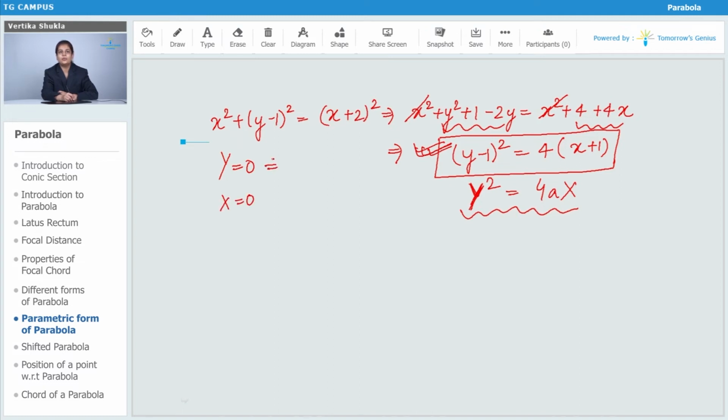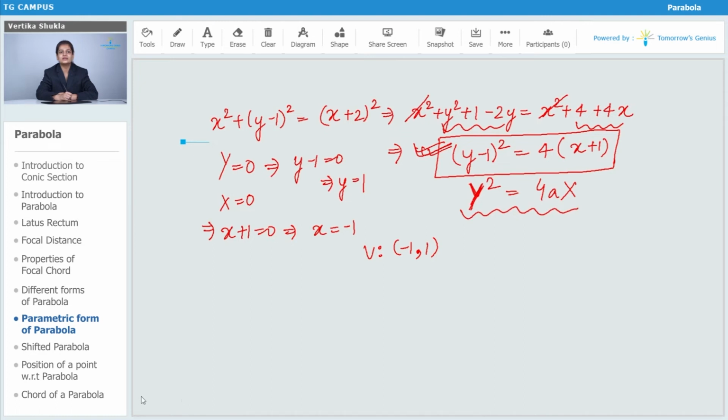Capital Y equal to 0 means y - 1 = 0, from where you get y as 1. And capital X equal to 0 implies x + 1 = 0, which implies x = -1. So the coordinates of the vertex will be (-1, 1).